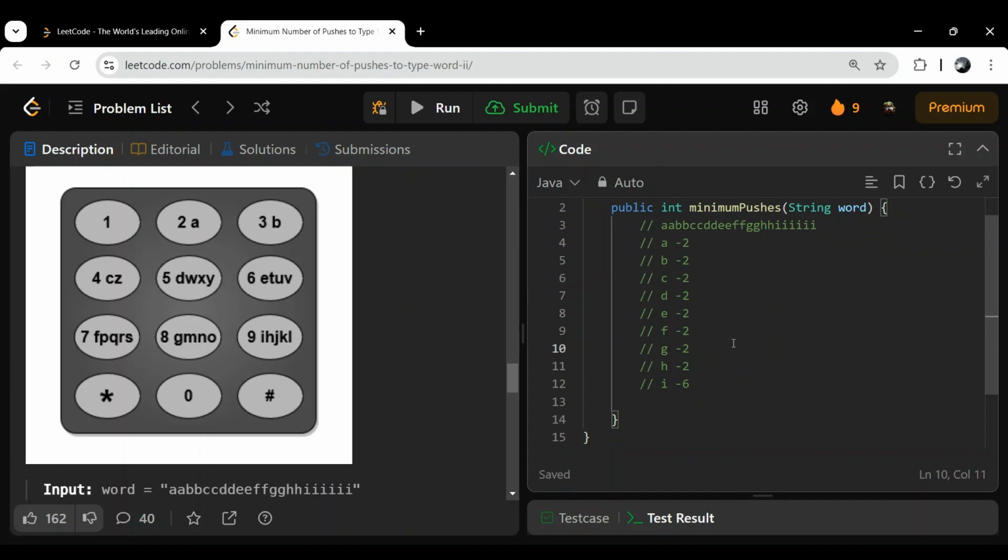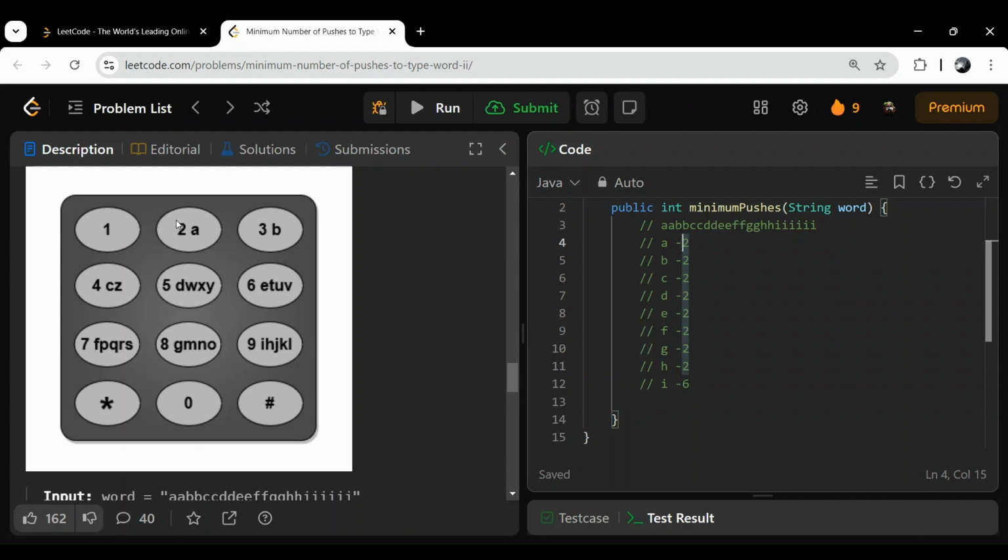So how will we know which letter to place on which number? We have to see that if we place a letter on the number's first place, then we multiply its count by only once, because to get that letter we push that number only once.